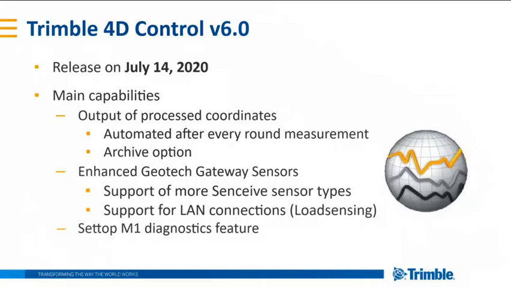T4D now is able to output processed coordinates after every round measurement of a total station. This is a way you can easily make information available to external systems. This is one of the main capabilities of this new version of T4D.